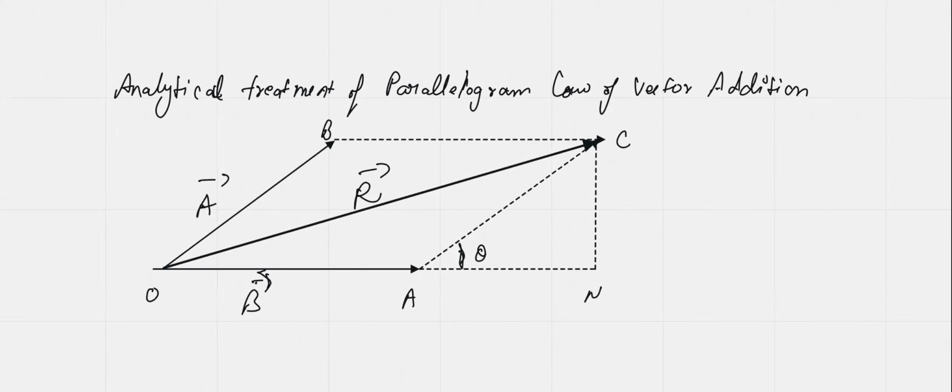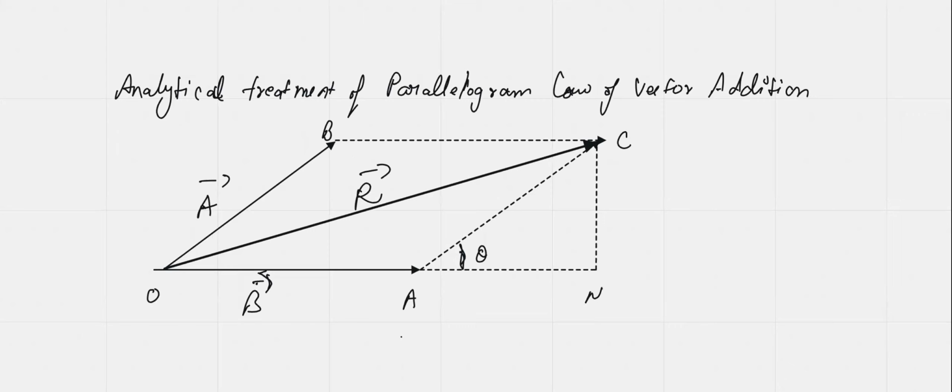Now, if you see carefully, I just need the vector addition, right? All the parts are the same. In this equation, they will say that A to C vector is parallel to O to B vector.